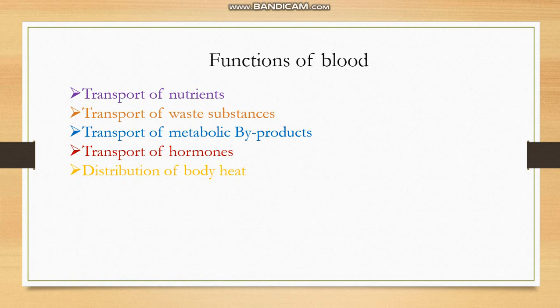The uniform body temperature or distribution of body heat is also maintained by blood. Blood is responsible for transport of oxygen from lungs to different tissues of our body and the collection of carbon dioxide from different tissues to lungs.